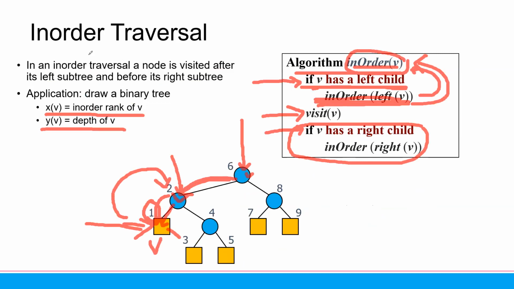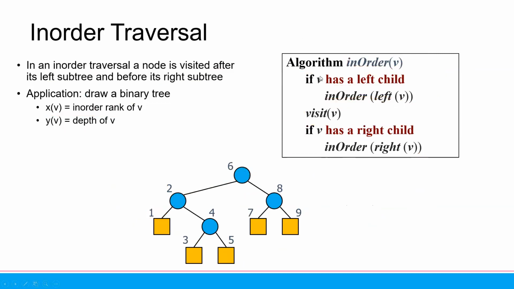No. We know that in the proper binary tree, we have only left and right, so there is no loop. We have only two conditions. If there is no left, of course, we check the right. But in the middle, we do the visit. So this is the in-order traversal.